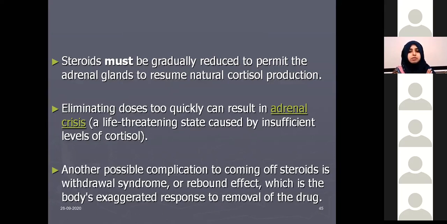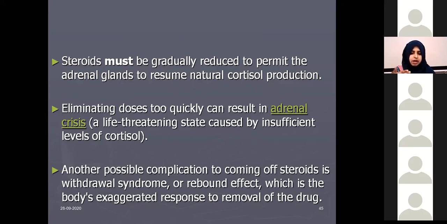The dose must be gradually reduced to permit the adrenal glands to resume natural cortisol production, because there is a lot of suppression of the HPA axis. If that axis is suppressed, the normal cortisol will not be produced in the body, because the body is not used to producing cortisol.